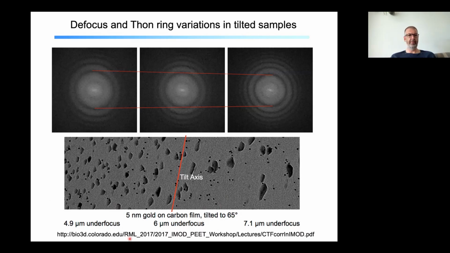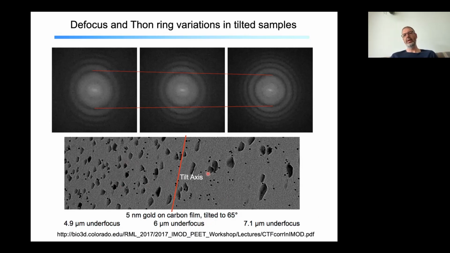So this is from the IMOD course. If you look at this image, it's tilted at 65 degrees. And if you look at the tone ring patterns from different regions, on the tilt axis, and then the furthest away from the objective, or the closest to the objective, you can see that you get this variation in underfocus.